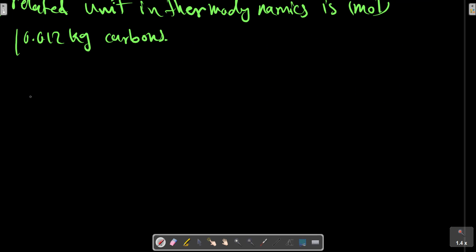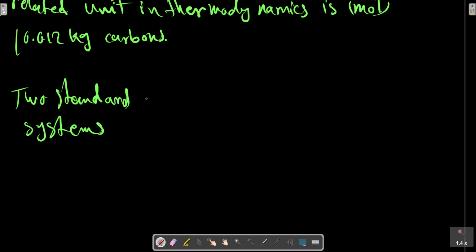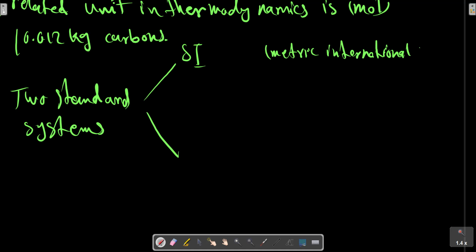We have two standard systems. The SI system, the international metric system, is commonly referred to as SI units.